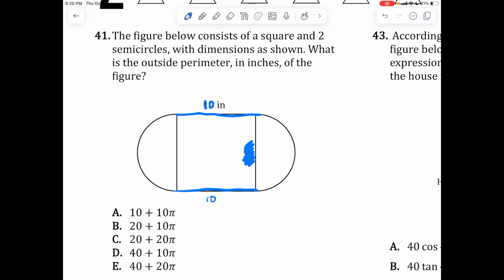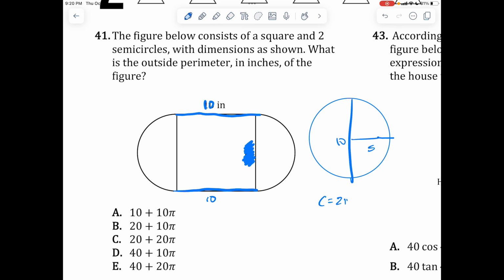So how do we find the perimeter of this half circle and this half circle? Well, what we know is they're both half a circle and they both have the same radius of 5, or the same diameter of 10. So if I want to find the circumference, I could take both the half circles and combine them into one actual circle with the same diameter, and then find the circumference.